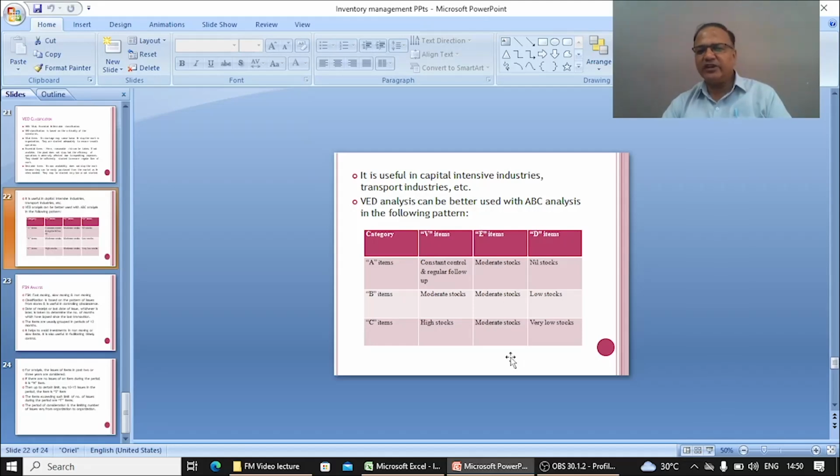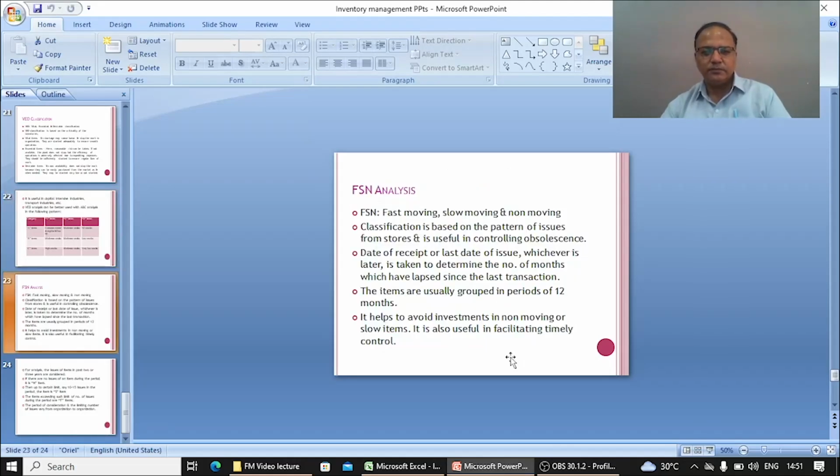And if it's a D item, whether it's A, B, C or any other category, there is no need to maintain more stock. If it's an A item, no stock. If it's a B item, low stock, and for a C item, very low stock.